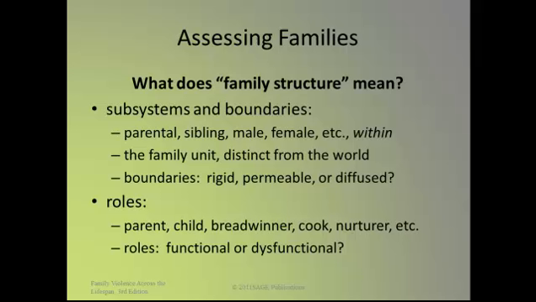We have the sibling unit. We have the units of males, the units of females, those kinds of things. So one individual may be in different subsystems within the family, and at different times can have alliances with different people in the family because of the different dynamics that are going on.